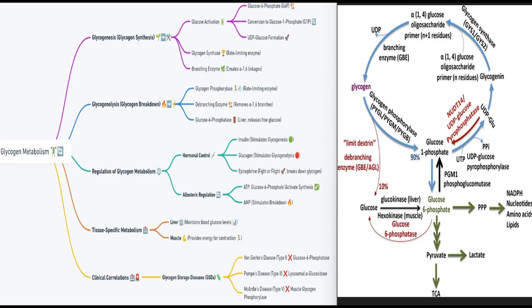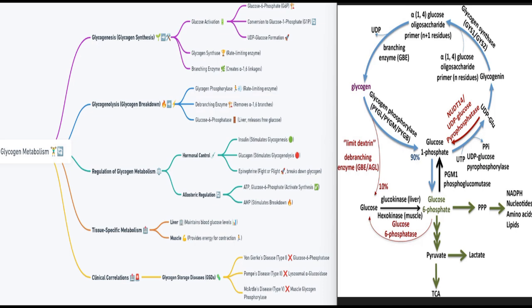Type 3 is limit dextrinosis, or Cori's disease, and the deficiency could occur in all tissues. The deficient enzyme is amylo-1,6-glucosidase, with an incidence of 1 in 200,000 of the population. Type 4 is amylopectinosis, which could occur in all tissues, and the branching enzyme is very low.